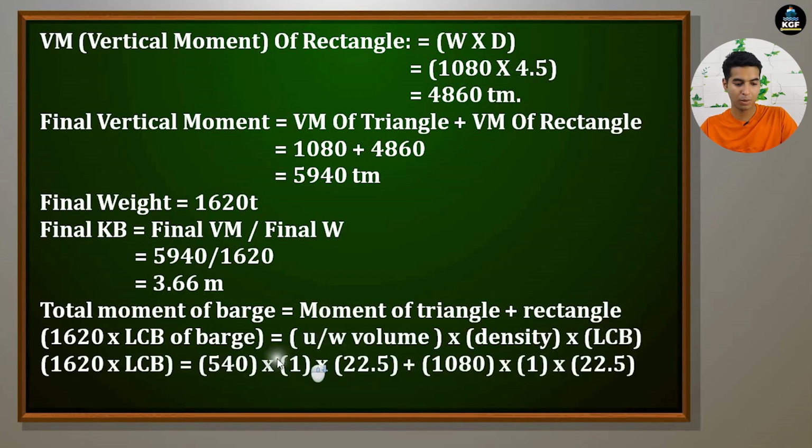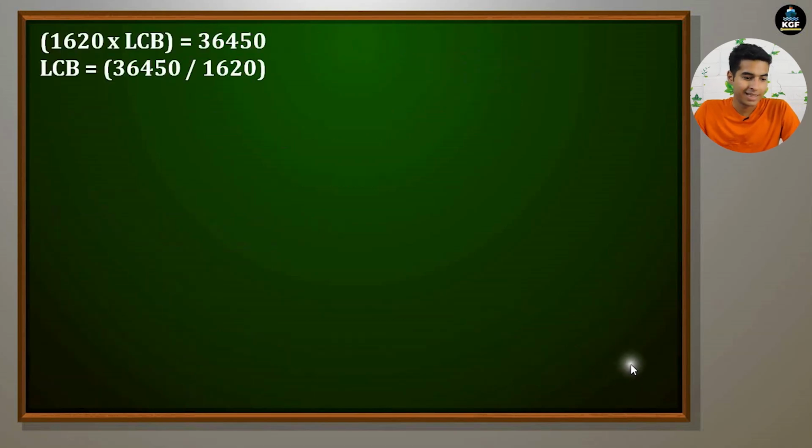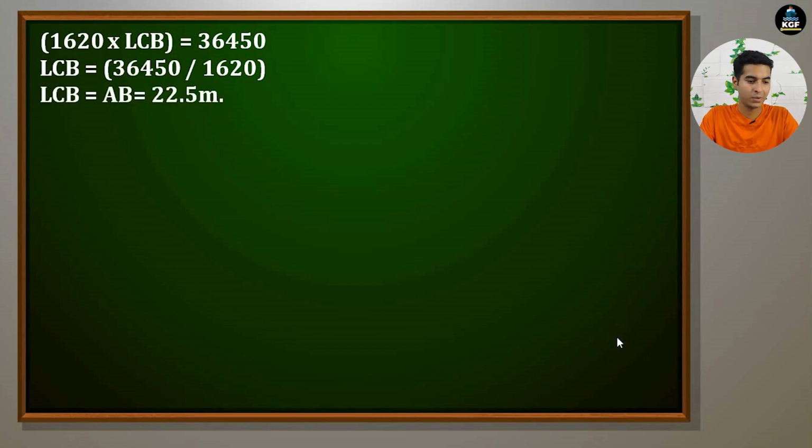So underwater volume of the triangle will be as follows: 540 into 1 into 22.5 plus 1080 multiplied by 1 into 22.5. So finally, the LCB will be 36450 divided by 1620. So LCB, which is equal to AB, is 22.5 meters.